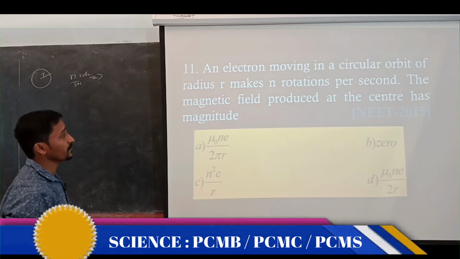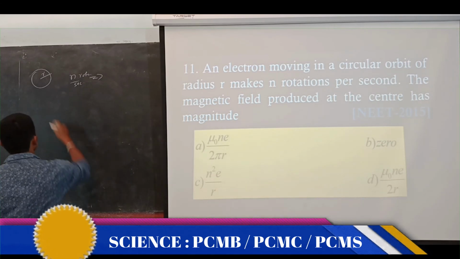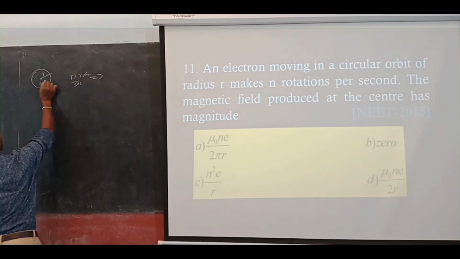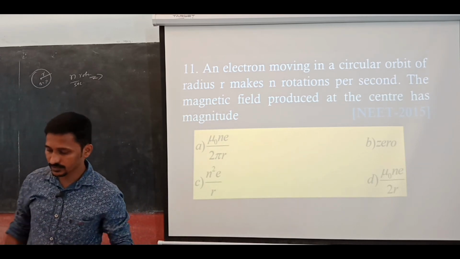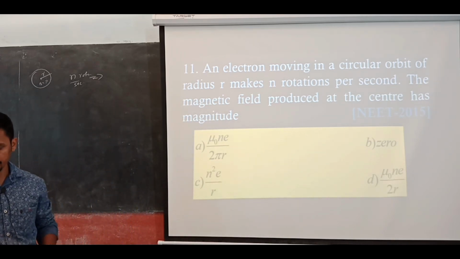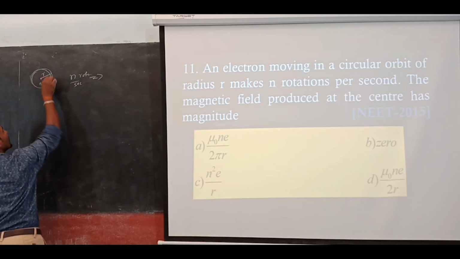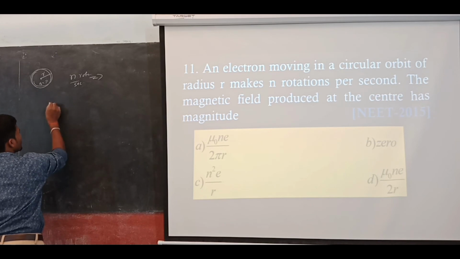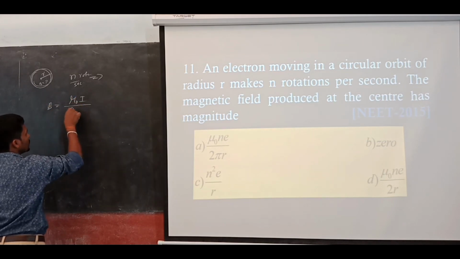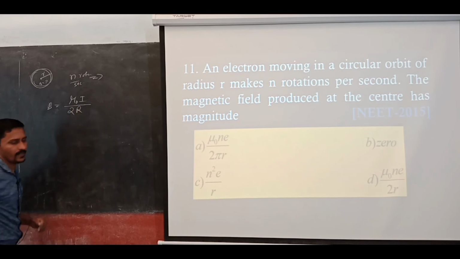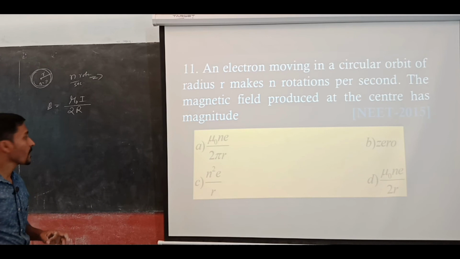The magnetic field produced at the center has magnitude. At the center, what is the magnetic field? That you have to find out. How to find out? At the center for any coil, magnetic field is how much? Mu naught into I divided by 2r, right? Mu naught I divided by 2r.